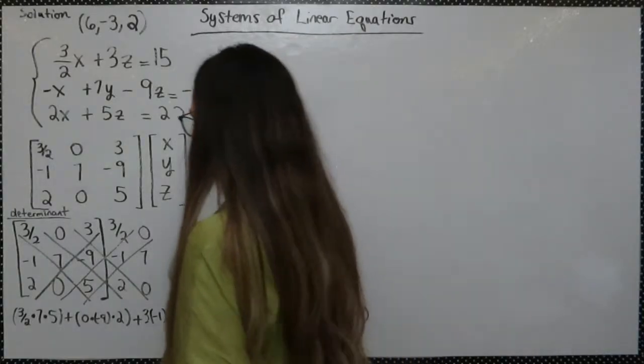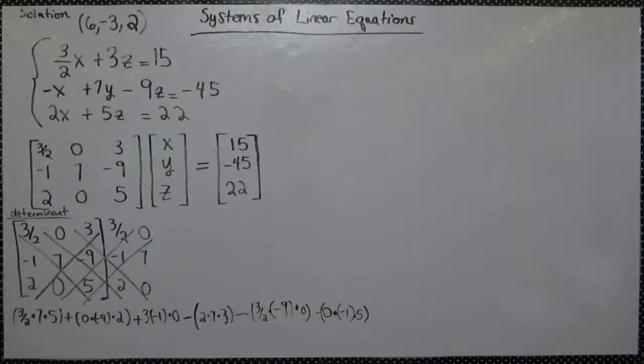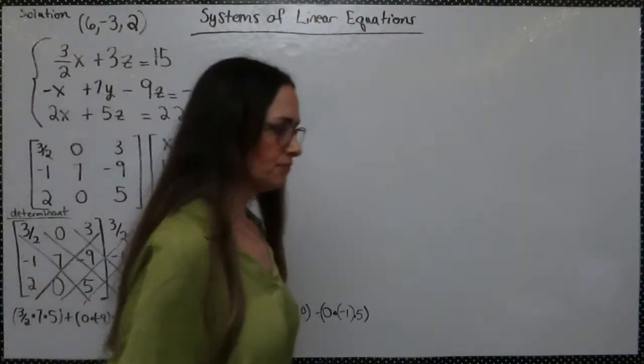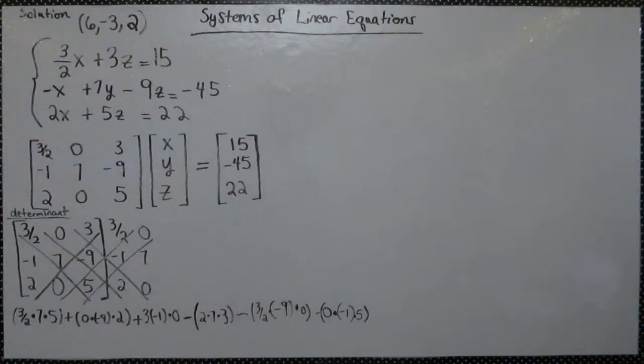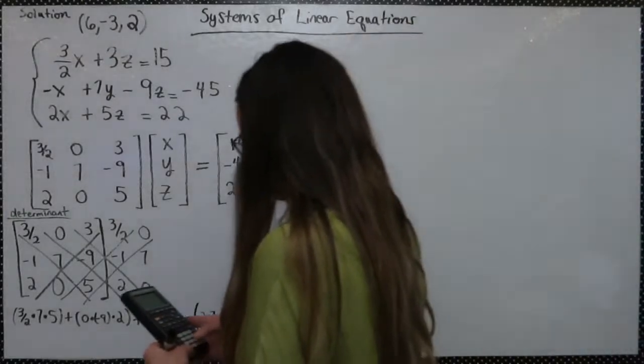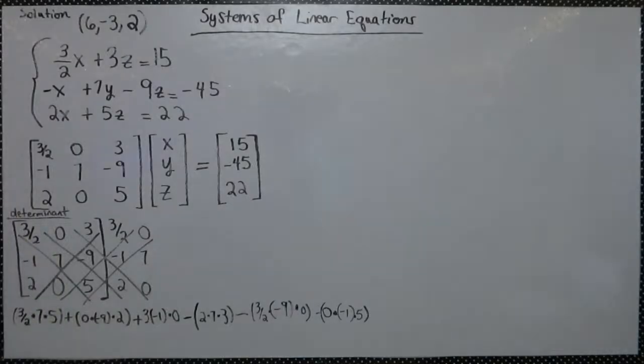All right, so we have to evaluate this. 7 times 5 is 35. Let me get my calculator, we can do this a little bit faster. So this is giving me 105 divided by 2.